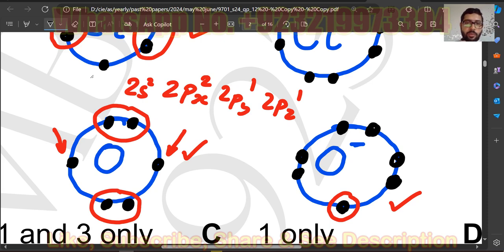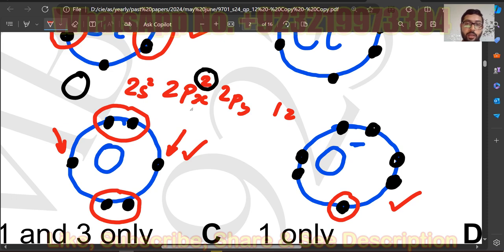According to this electronic configuration of the oxygen, I have to first remove the electron from 2pz1 and then from 2py1. My mistake, again my mistake. I have to remove one electron from 2px2, because it is moving in the reverse order. The reverse order of adding the electrons.